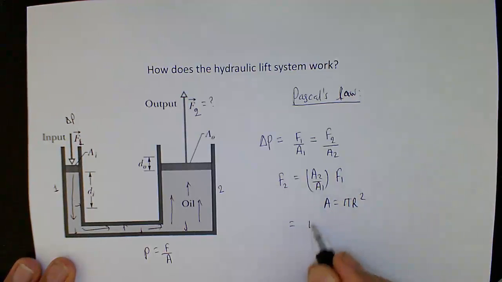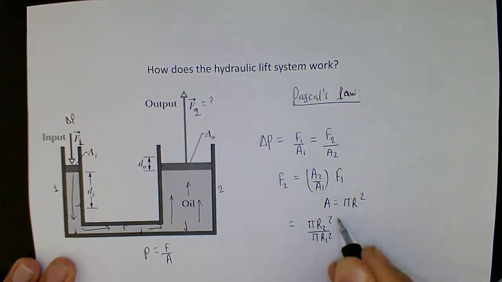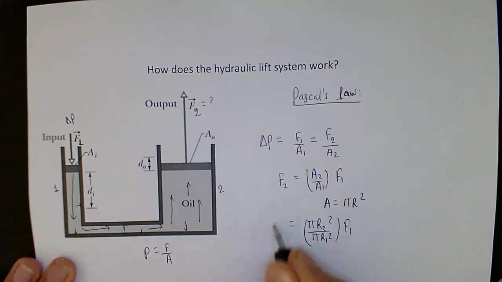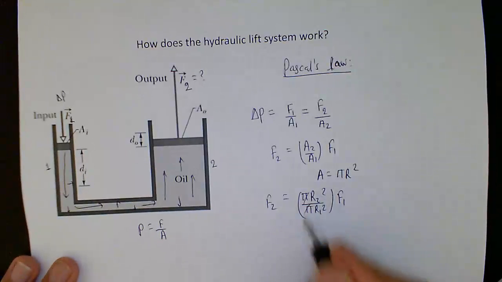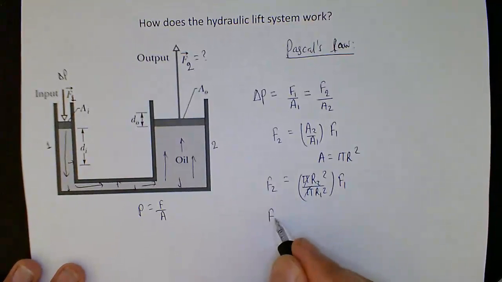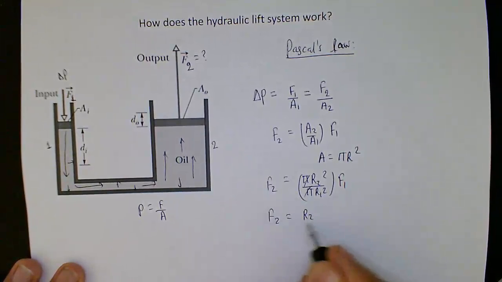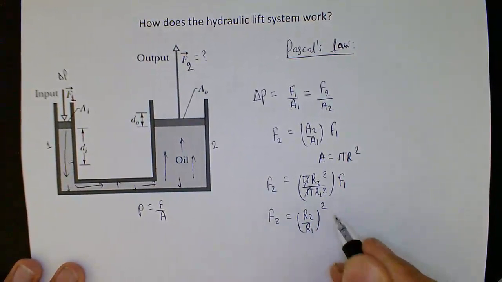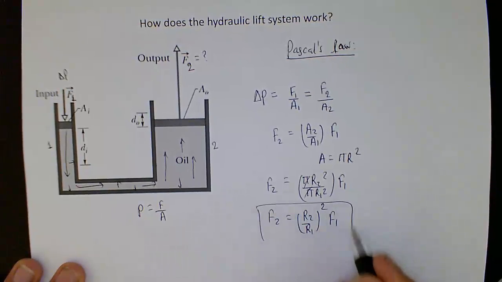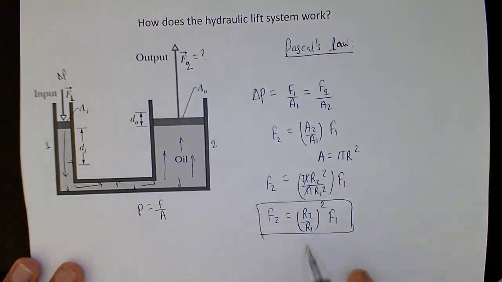So based on that, pi r2 squared over pi r1 squared times F1. And pi will cancel out, and F2 is (r2 over r1) squared times F1. So that's the main working principle of any hydraulic lift.